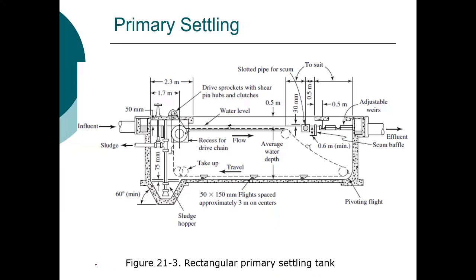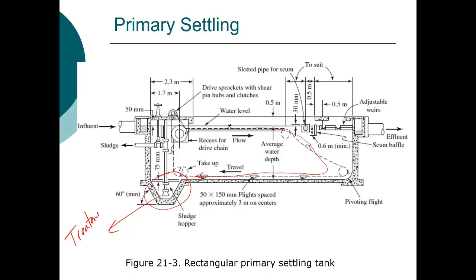This is a horizontal sedimentation basin, and I'm going to switch to a video to give you a better sense, but this is that chain and flight mechanism here. So you've got this flow traveling in this direction here. You have a hopper that collects the sludge, and periodically that sludge pump will turn on and pump that to the treatment for the sludge.